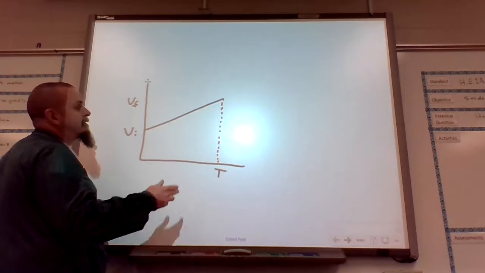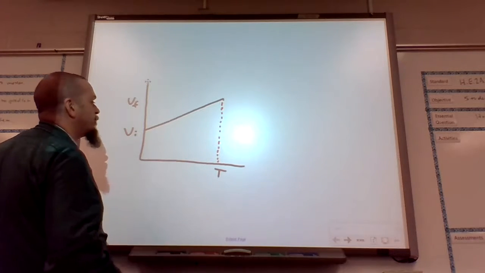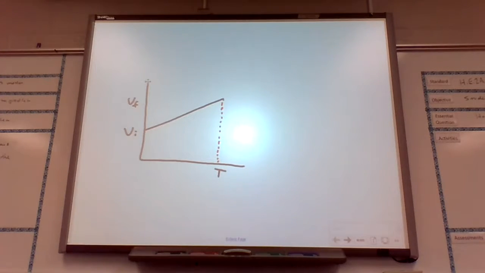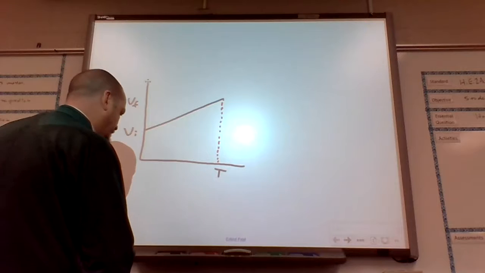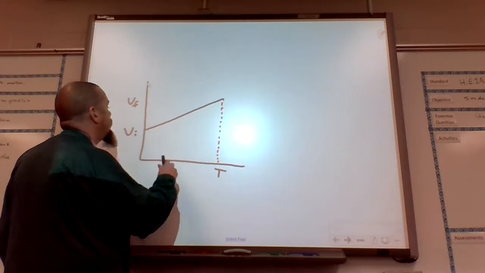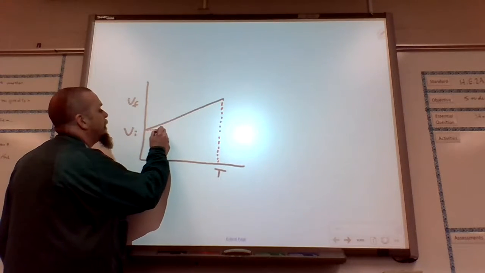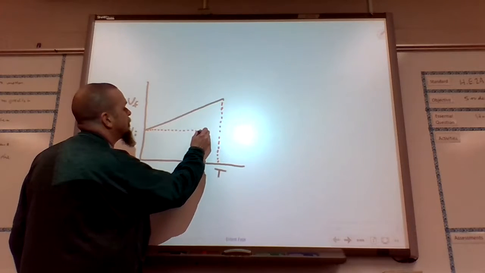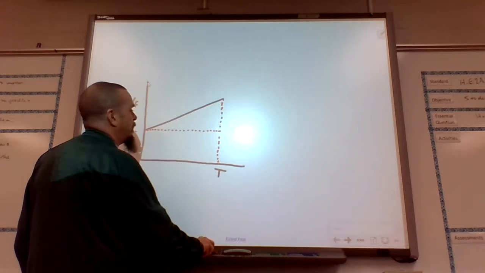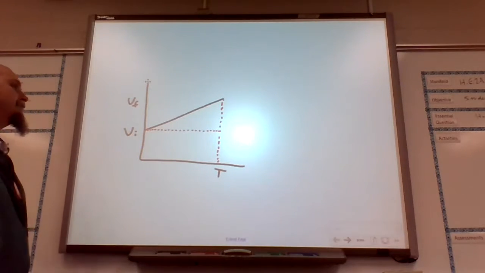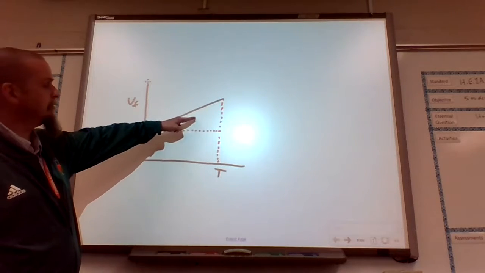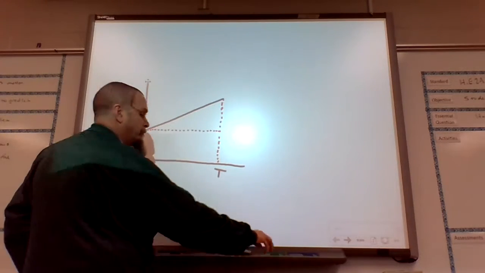The problem is this is an irregular shape, and there's no simple, easy formula that we can use to calculate what that area is. So what we have to do instead is divide this up into two easily usable regular shapes.